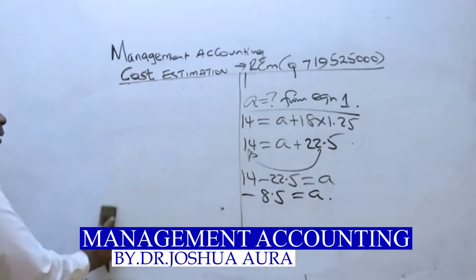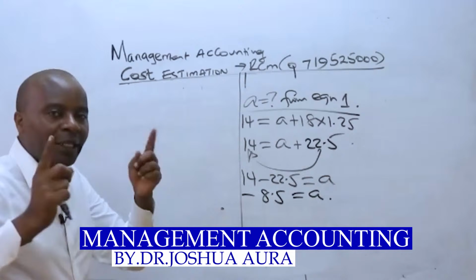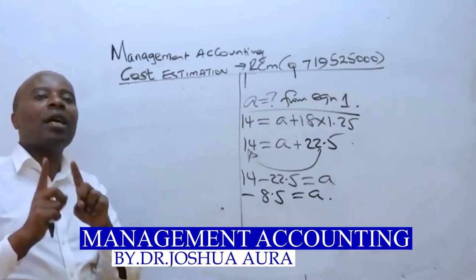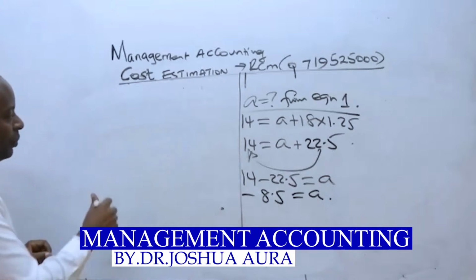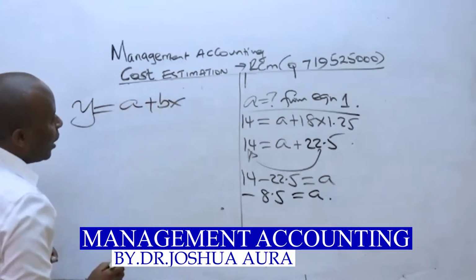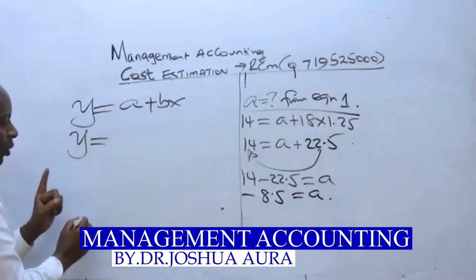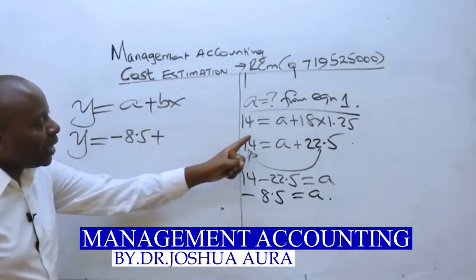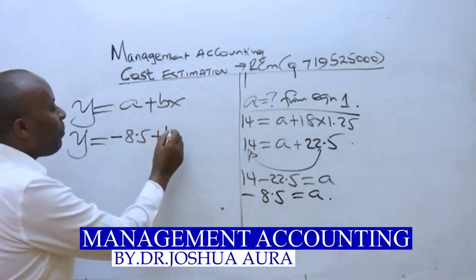And ladies and gentlemen, the moment I do that, don't forget that the final thing will be culminating in an equation. So our equation looks like this. Y equals A plus BX. So my Y will be equal to A that I have as minus 8.5 plus B that I got a long time ago of 1.25.